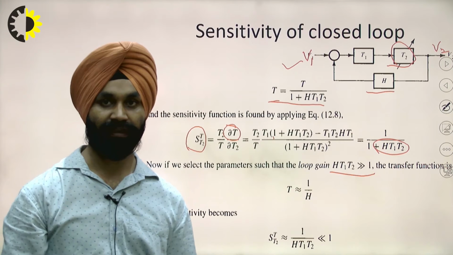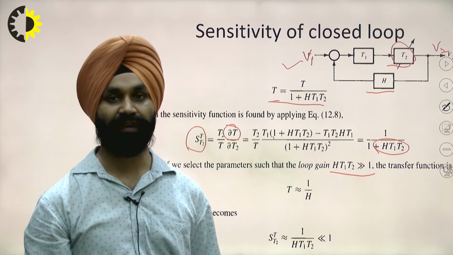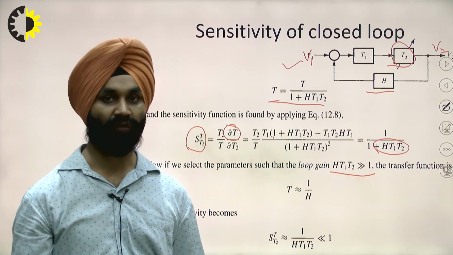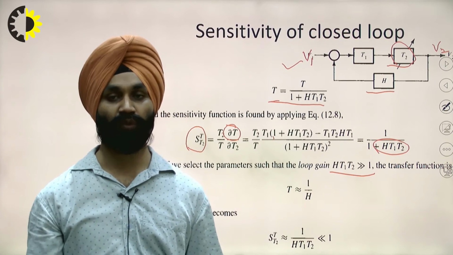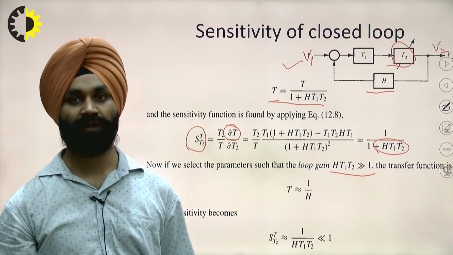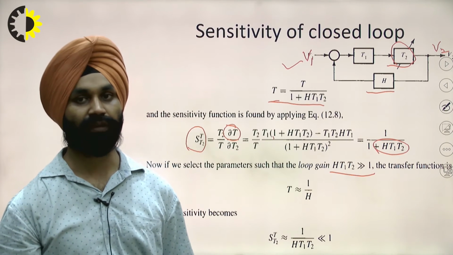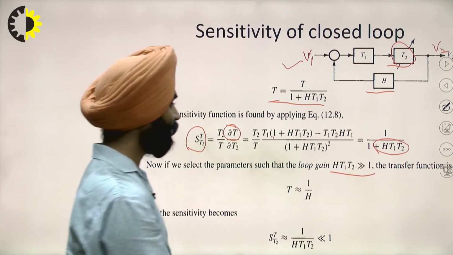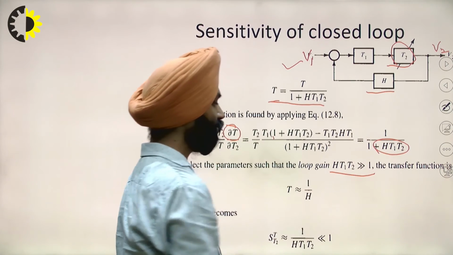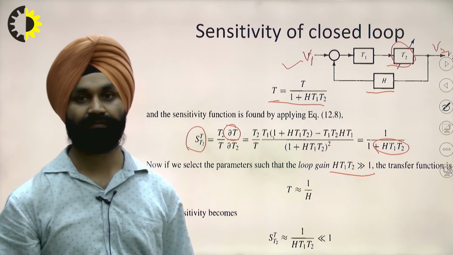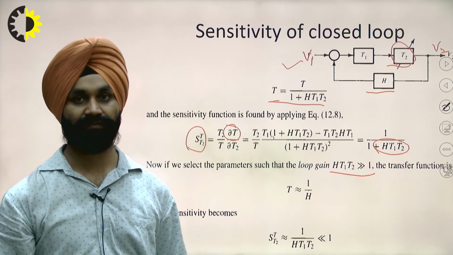The loop gain, the transfer functions T1 and T2, the multiplication of all these values will be much larger than 1. So we can neglect this component, or we can say that it is equal to 1 upon 1 plus H, 1 upon H.